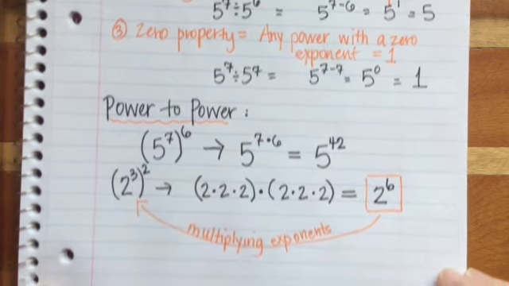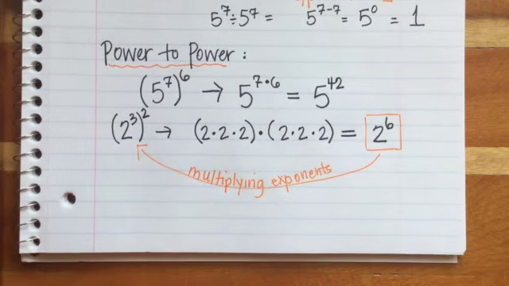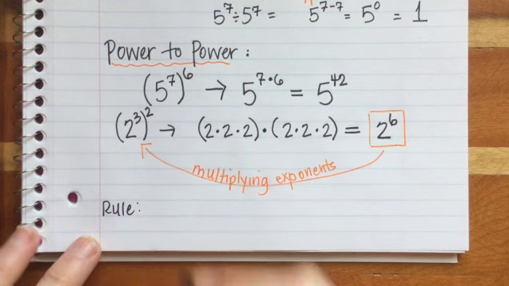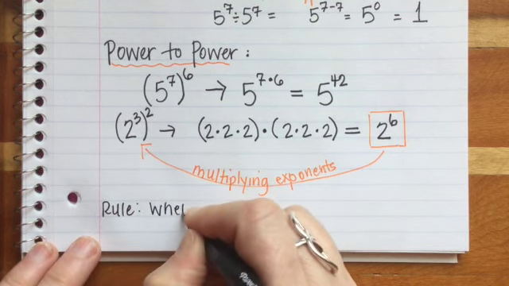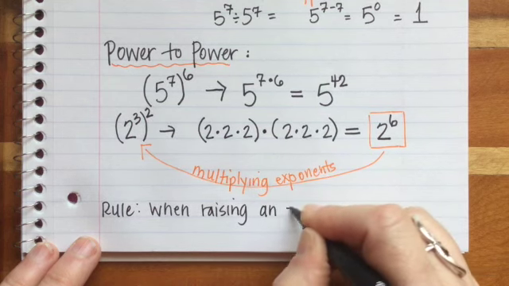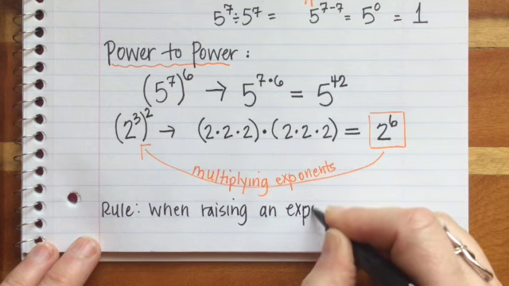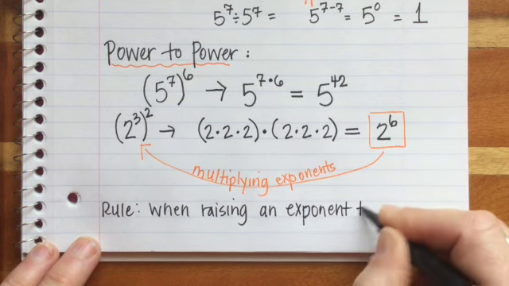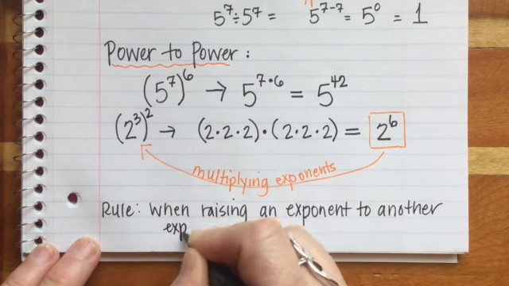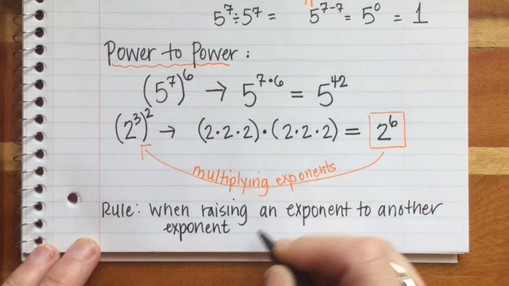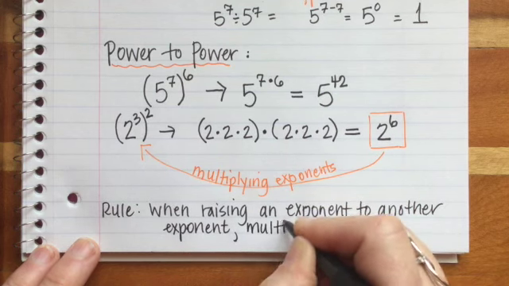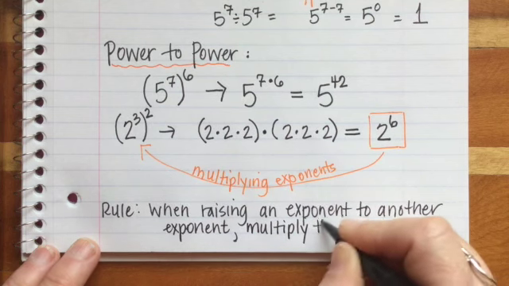Let's write out that rule because my goodness, we like a rule. So my rule here is when raising an exponent to another exponent, all I need to do is multiply the exponents.